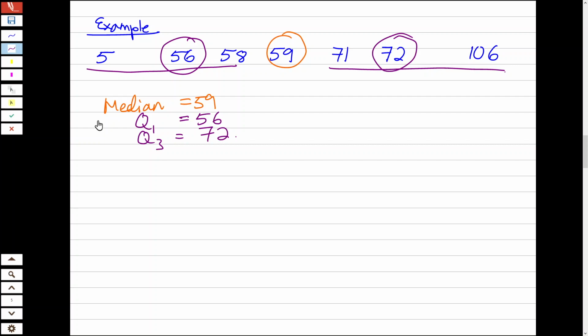So, in order to draw this box plot, I'm going to need to calculate the interquartile range. Why do I need the interquartile range? Look back on your diagram. What part of the box plot depends on the interquartile range?